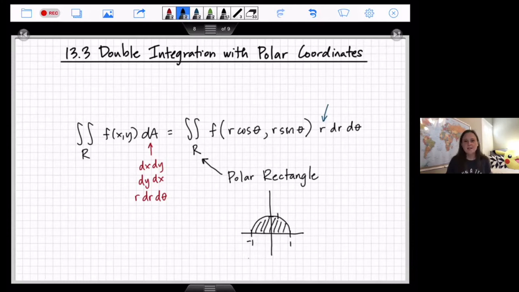And I described that semicircle as being the region where r was trapped between 0 and 1, and theta was trapped between 0 and pi. We usually think of rectangles as being x trapped between two constants and y trapped between two constants. If we trap r and theta between two constants, we call that a polar rectangle. It does not look like a rectangle, but it is caused by taking the two variables and trapping them by constants.